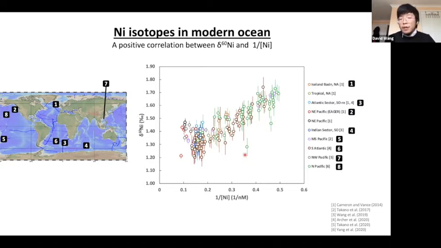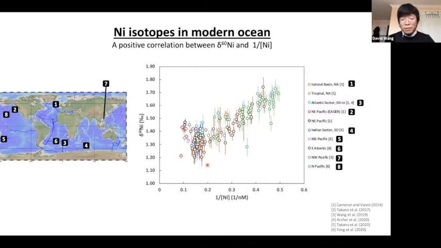However, if you focus on the data set here, like the red, the light blue and the dark blue one, there's no clear trend between these two factors.